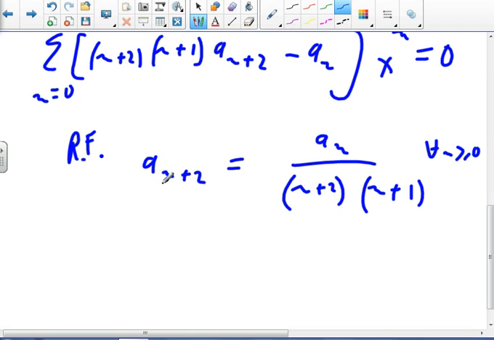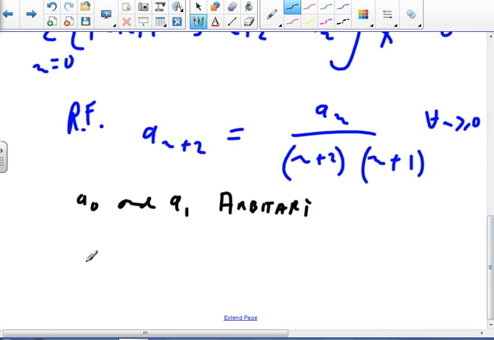So I have to start at n equal to 0. That being the case, a0 and a1 are both arbitrary, so that means I could have two solutions here.